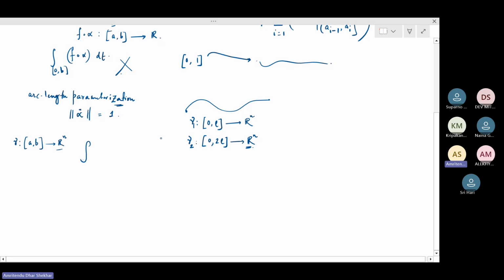Then we define the integral of f over gamma as equal to the integral over a comma b of f of gamma t times the norm of the tangent vector.